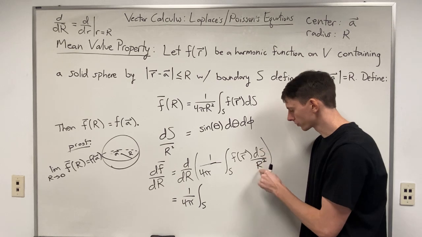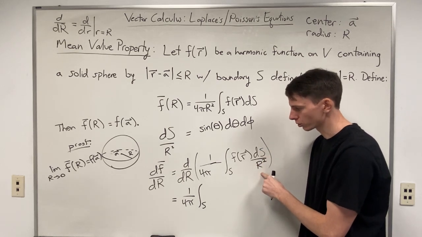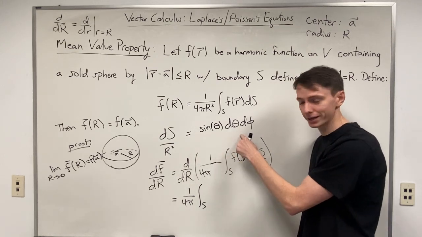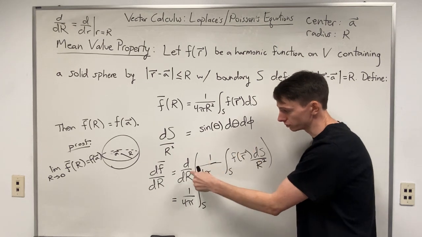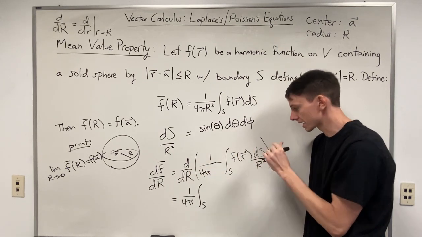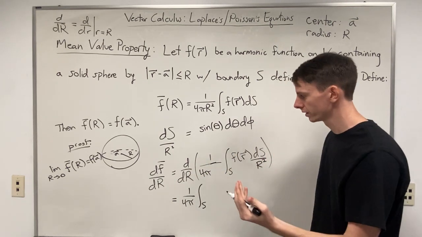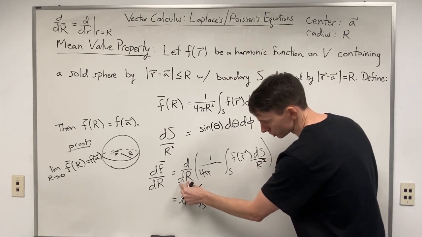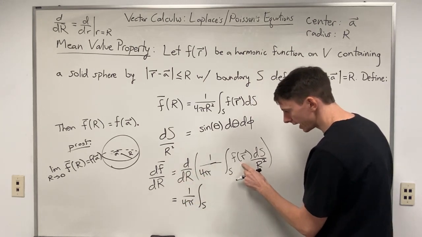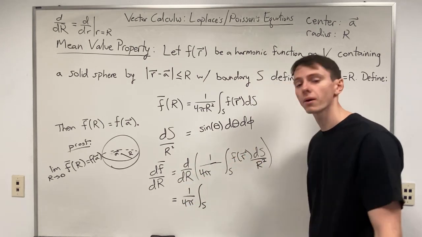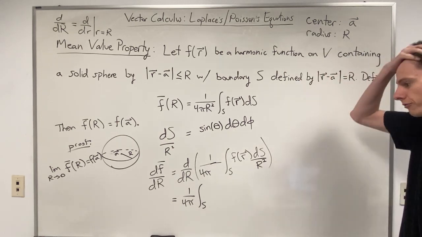But we said that dS over r squared doesn't depend on a radial coordinate. That's what this thing is right here, right? So the derivative acting on this quantity is itself a constant, meaning that this derivative, d/dr, only acts on the harmonic function f of r by itself.